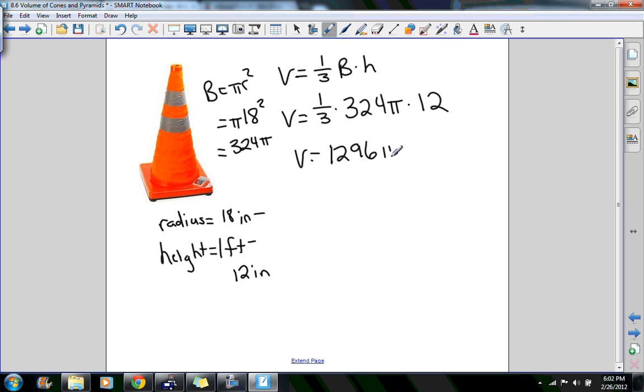We got to throw the pi at the end. And the label has to be inches cubed because we're working in volume. Okay, so there's the answer for that one.